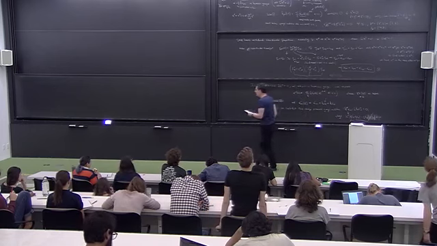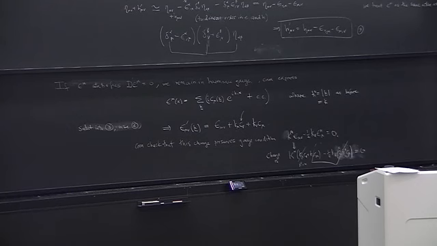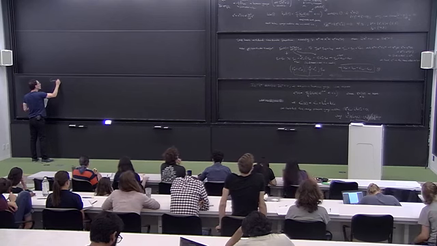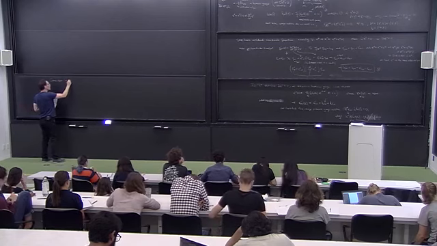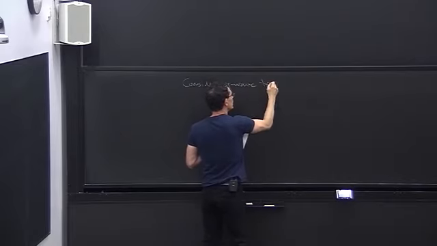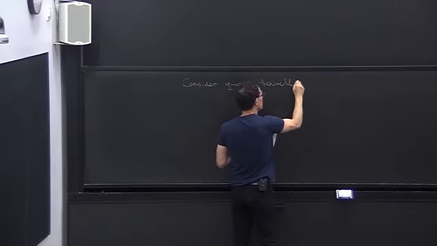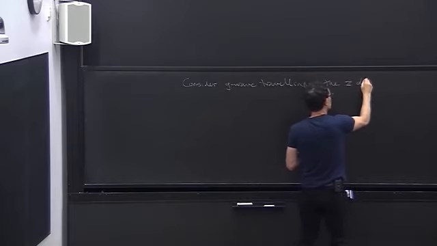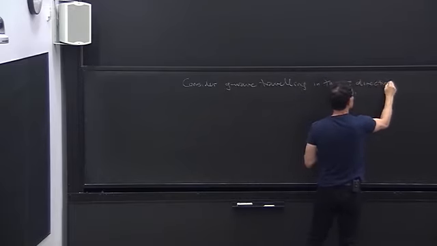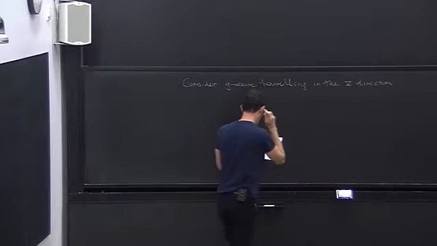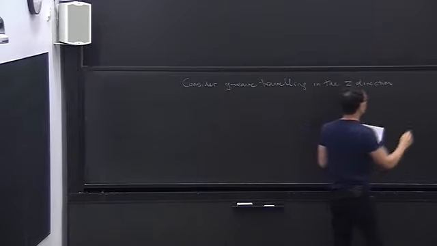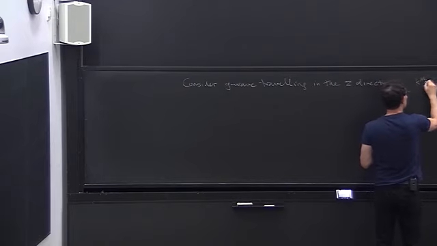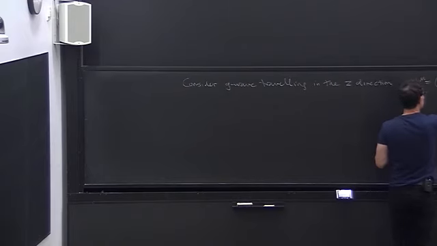Okay, so now let us consider, just like we did in electromagnetism, a gravitational wave traveling in the z direction. And what that means is that k^μ is (k, 0, 0, k).